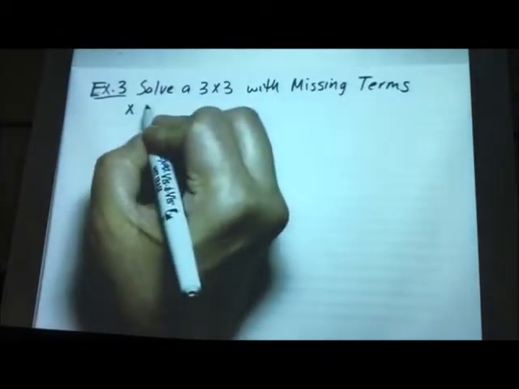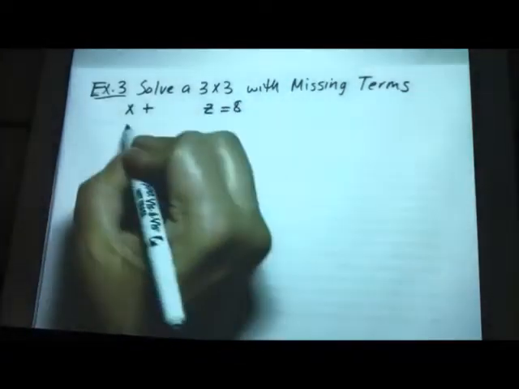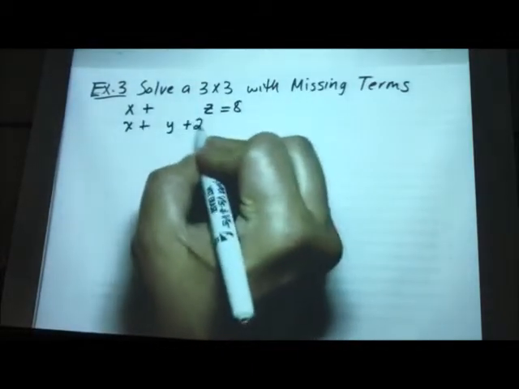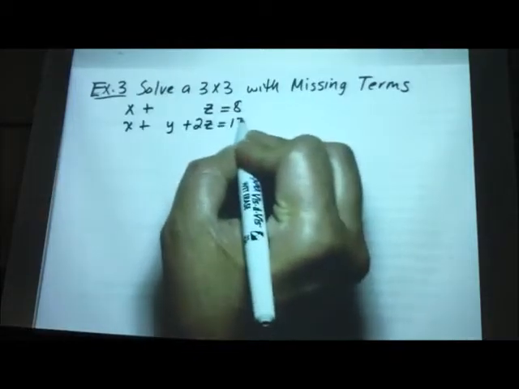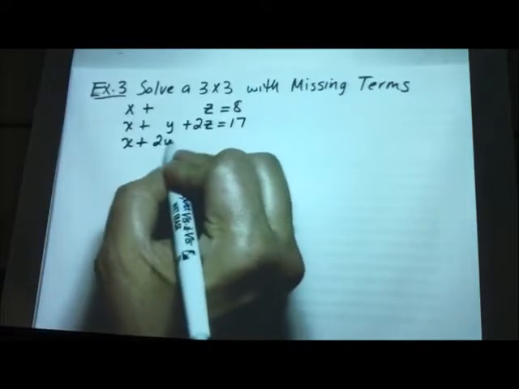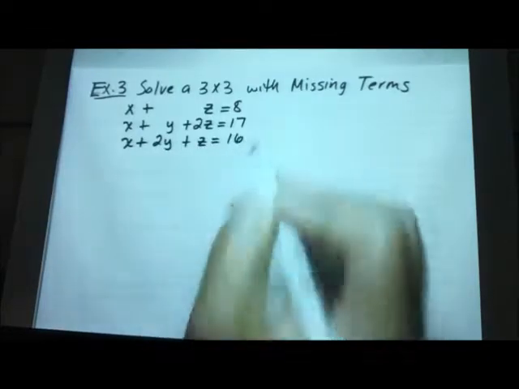X plus z equals 8. So it's missing a y. X plus y plus 2z equals 17. X plus 2y plus z equals 16.